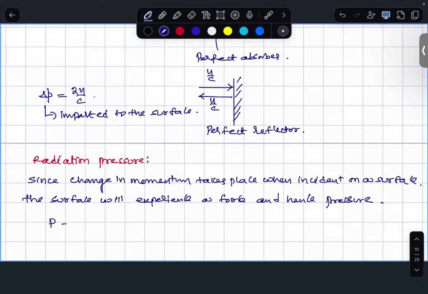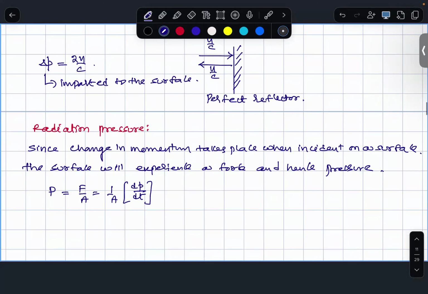and this pressure is called radiation pressure. So pressure P is force per unit area, 1 by A times the time rate of change of momentum. But you already know delta P is U by C in case of a perfectly absorbing surface.